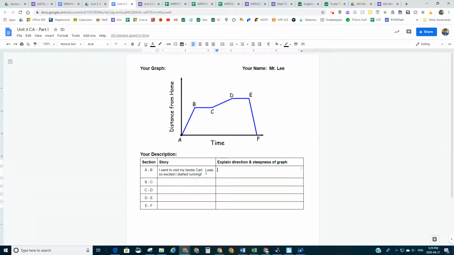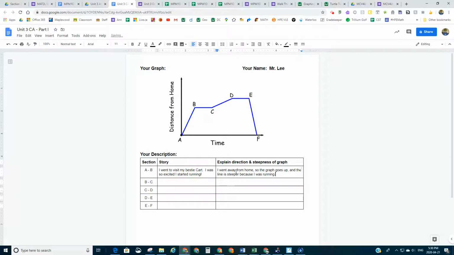Now I have to explain because of this story, how did it influence the graph? So I'm going to say something like, I went away from home, so the graph goes up, and the line is steeper because I was running.